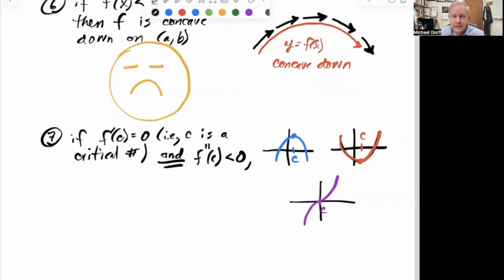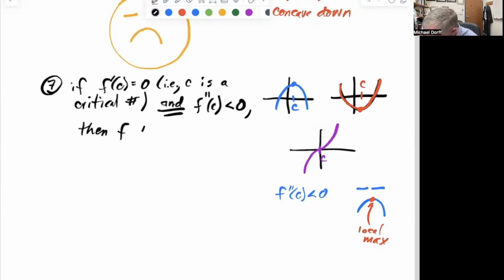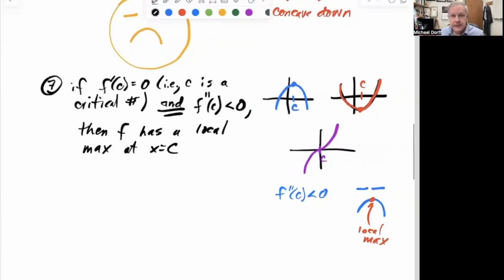Well, when the second derivative at C is less than 0, that means it's negative, and I've got the frowny face or the stormtrooper. What's going to happen at that point C? Well, it's going to be a local max. So that's what we get here: f has a local max at x equals C. All right, so you need both of those conditions.